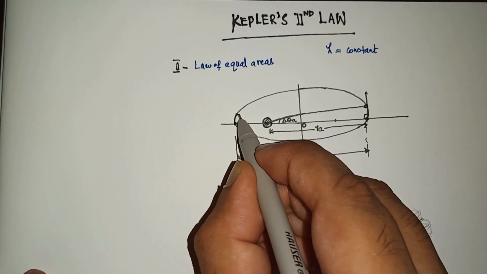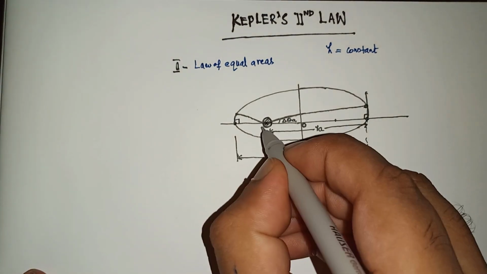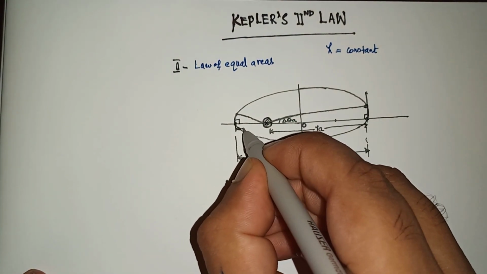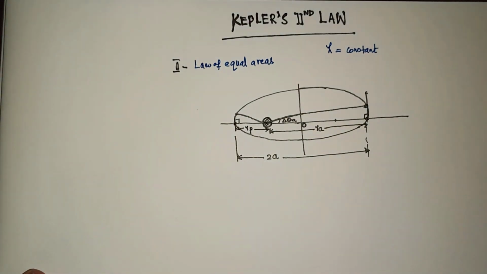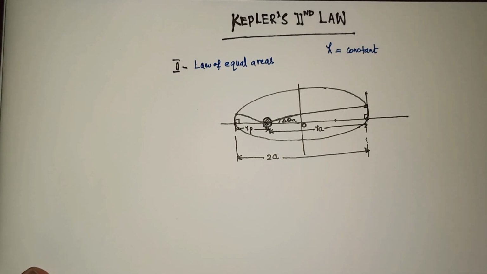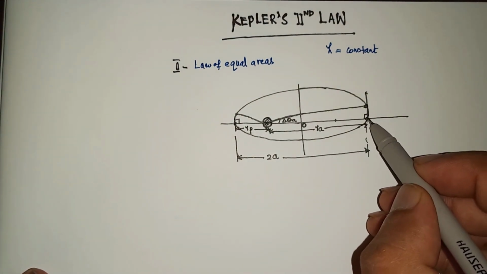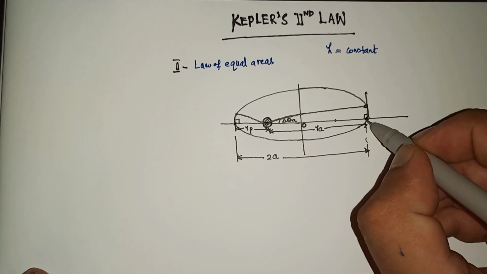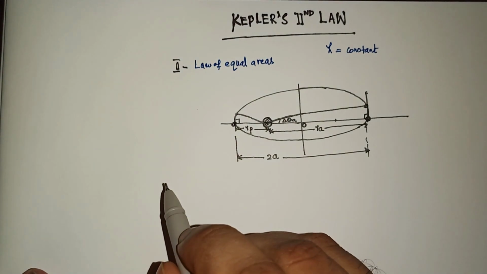So I'll draw again a common point, and here you get the distance from this point to this point, which is called the perihelion, Rp. Okay, we have Rp and Ra. The distance from the sun to this point is the aphelion, the maximum distance, and the distance from here is called the perihelion.